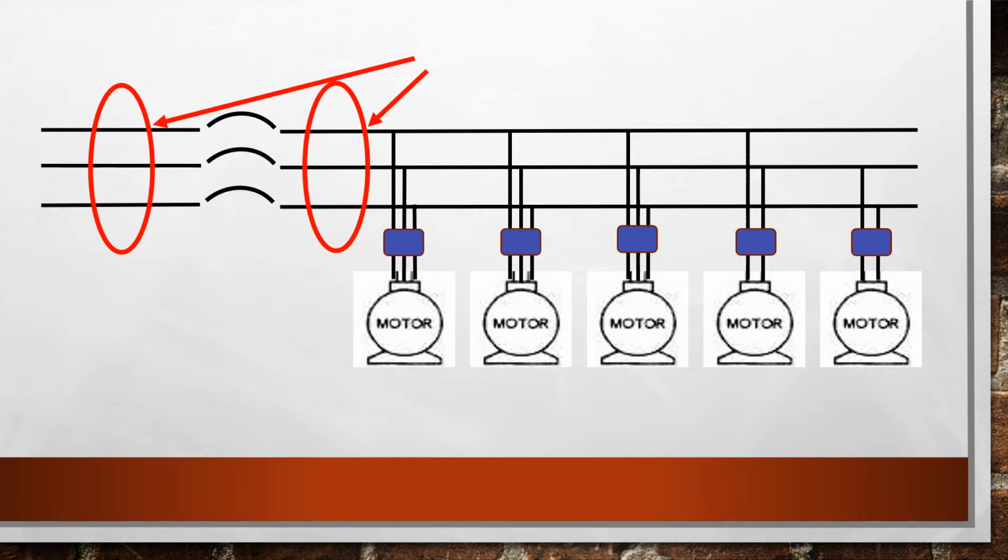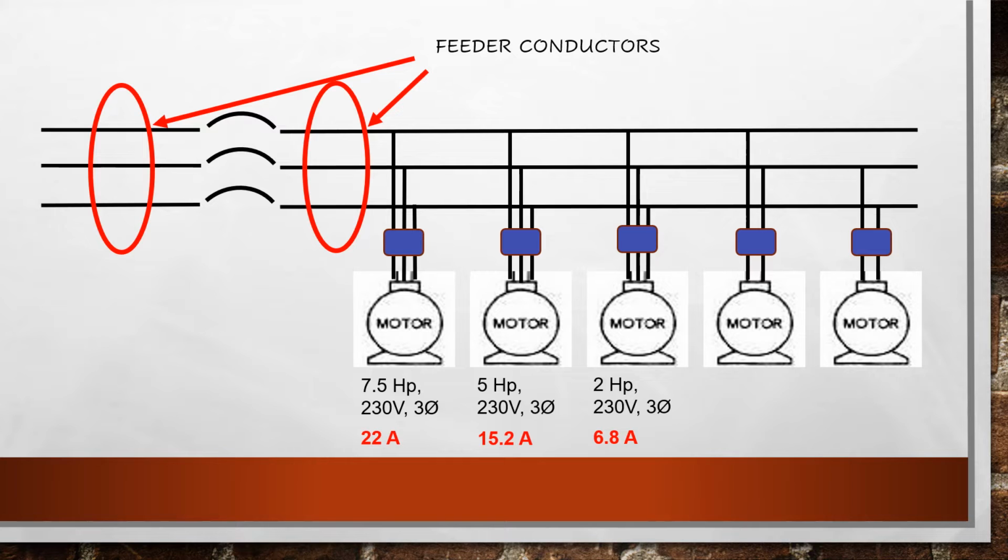Now we are going to determine the feeder conductors. As we got from the table, 7.5 horsepower, 22 amperes, 3-phase. 5 horsepower, 15.2 amperes, 3-phase. 2 horsepower, 6.8 amperes, 3-phase. 5 horsepower, 28 amperes, single phase.